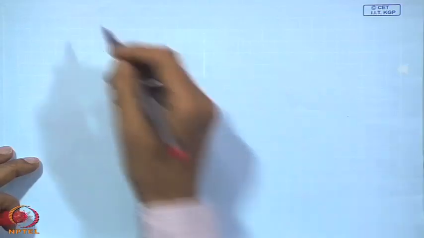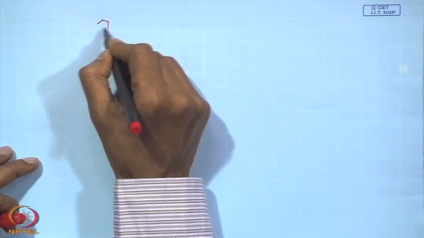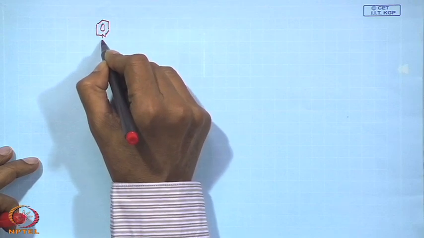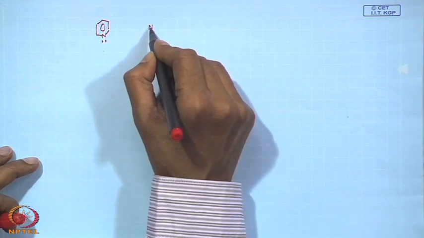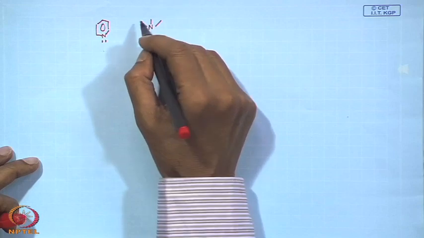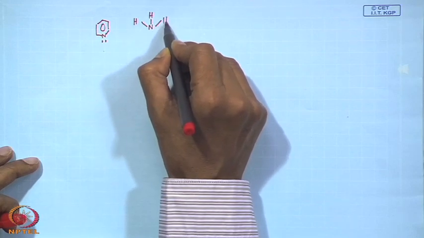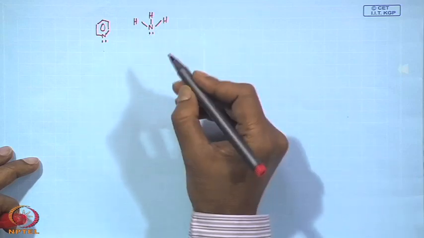So, there are a few examples related to the classification of these ligand systems. We have seen the pyridine system, pyridine like ammonia, it has donor atoms.